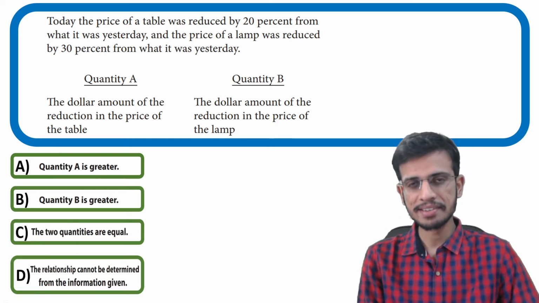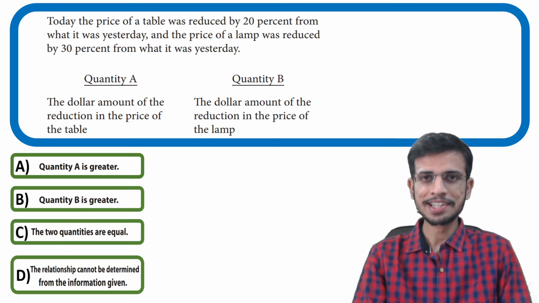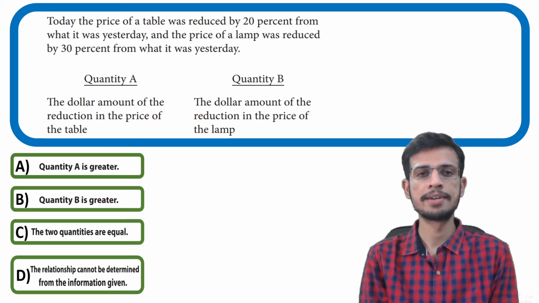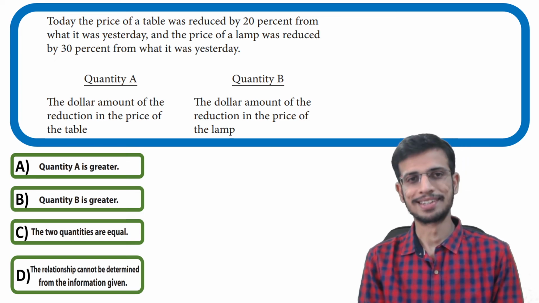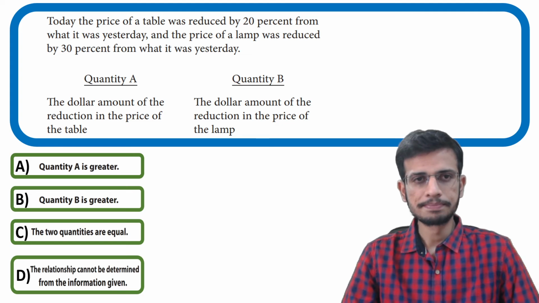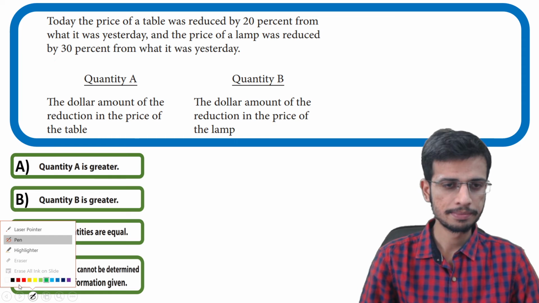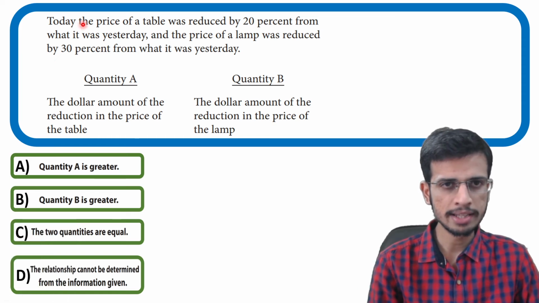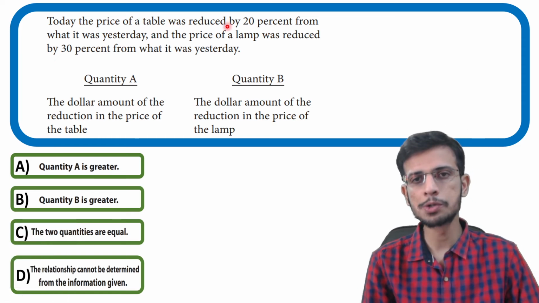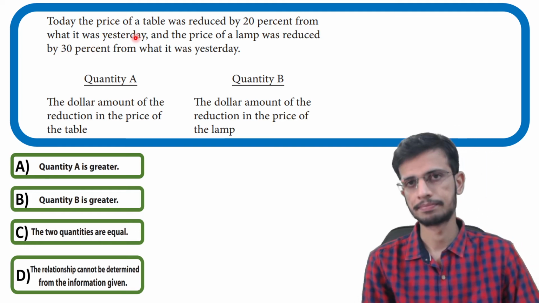So let's move on to the next question. This question is very, very interesting and tricky as well. So guys, please read this question very carefully and you can give your answer. Let's read the question. Today the price of a table was reduced by 20% from what it was yesterday.